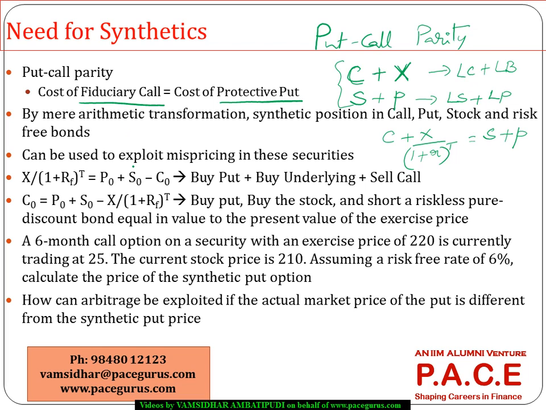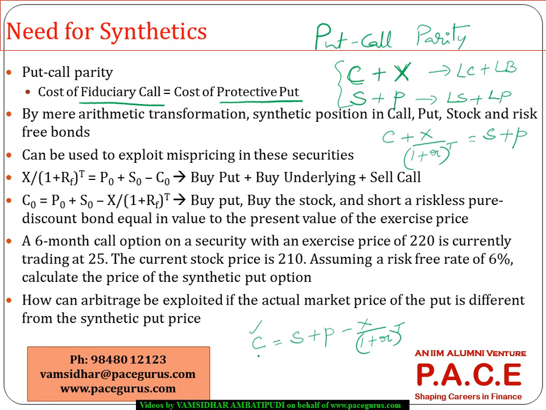Now, the goodness of this relationship is you can do small arithmetic. If I want C only, I can say C equals S plus P minus X by 1 plus R to the power T. What does this mean to me? C is nothing but the call option.